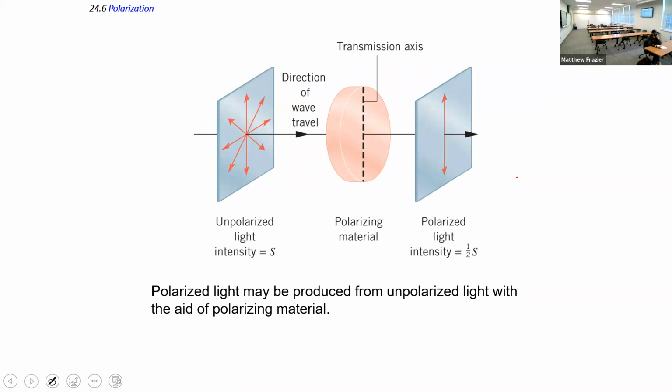And so this is the thing, we're talking about the intensity of the light as it interacts with a polarizer. So if we start with unpolarized light, right, and then we put in a polarized material that is selecting for the vertical polarization.